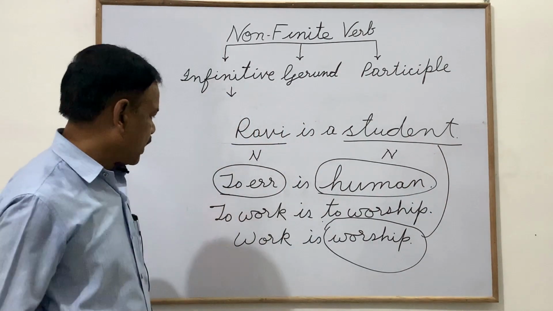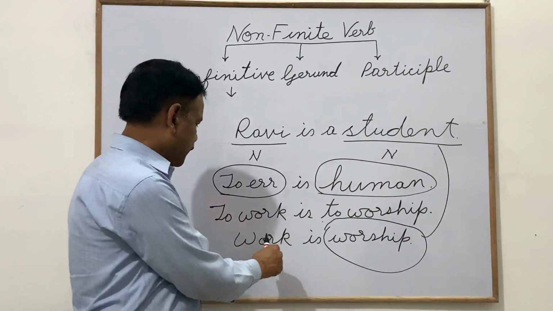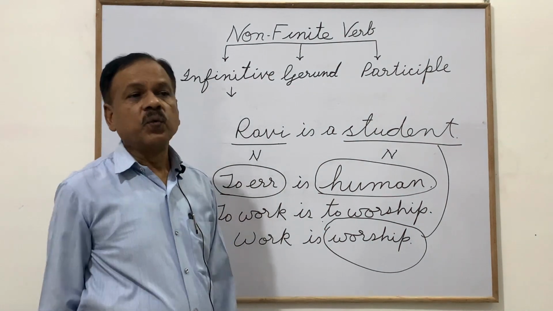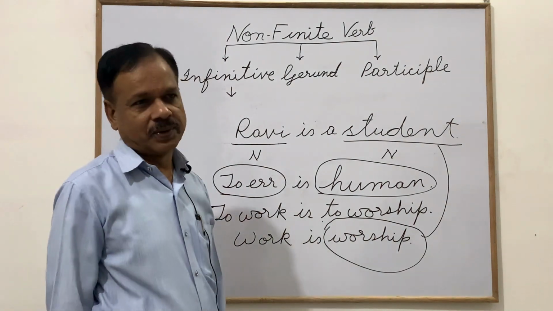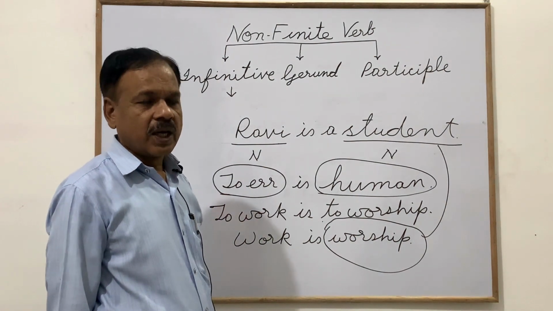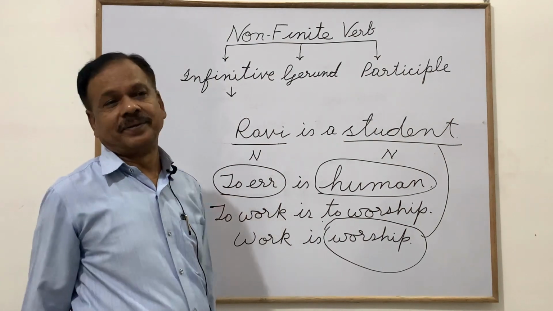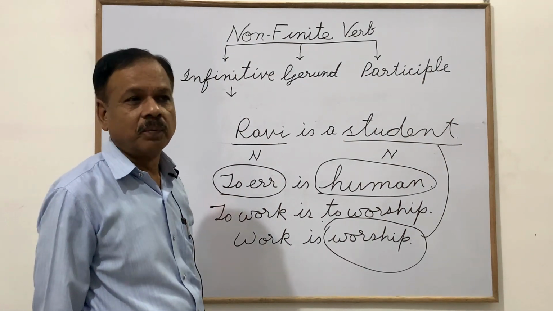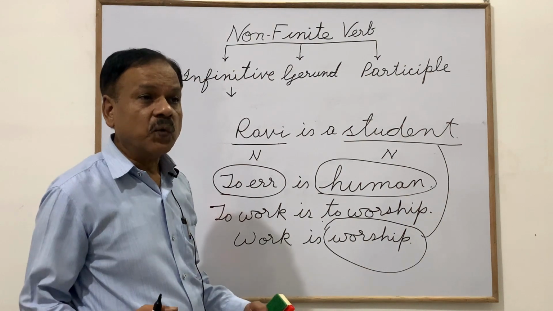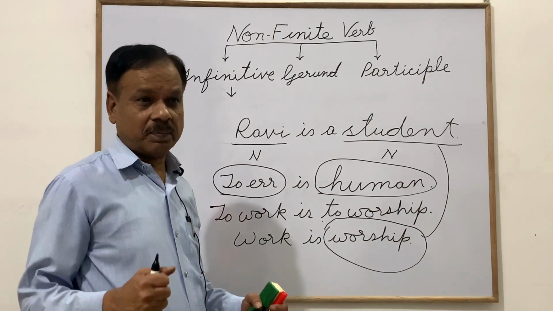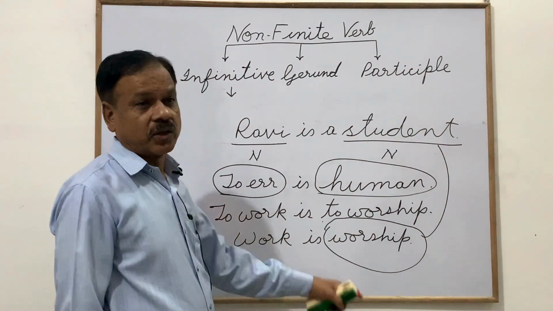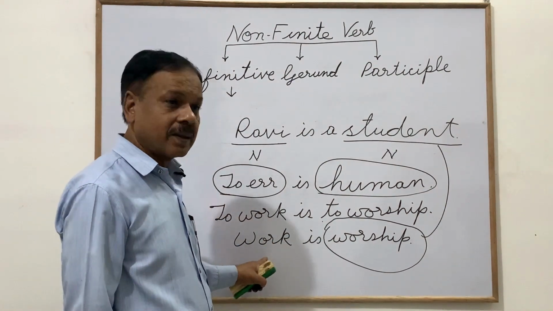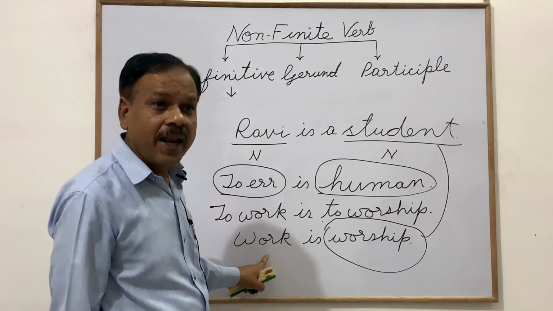Now here let me tell you, the words work and worship are used as nouns as well as verbs. If I say, "I work hard," here I am using the word work as a verb. But when I say, "Work is worship," then I am using it as a noun.